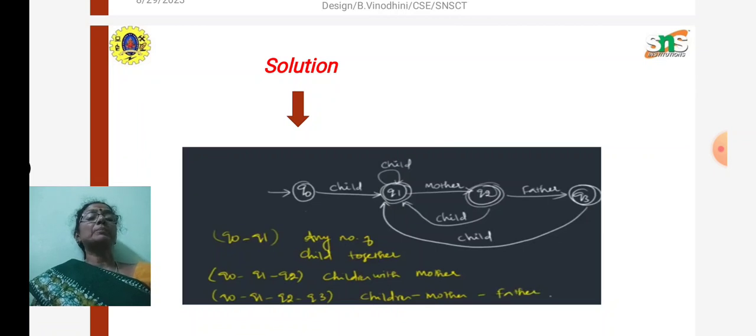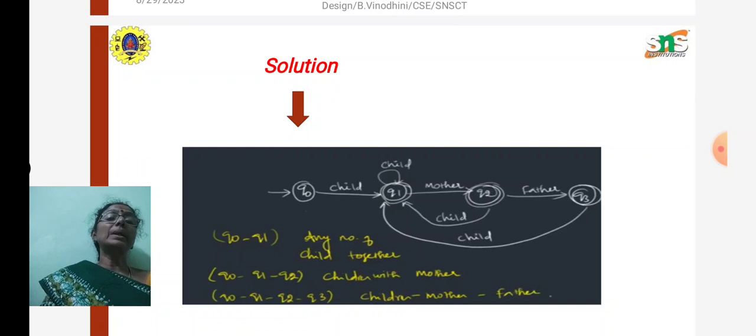So q0 to q1 is the child transition, q1 to q2 is the mother, and q2 to q3 is the father. That is accepted, and these three transitions of child, mother and father satisfy the third option of the problem. Suppose from q2 we have any number of children, that is also acceptable. From q3 any number of children can be accepted.